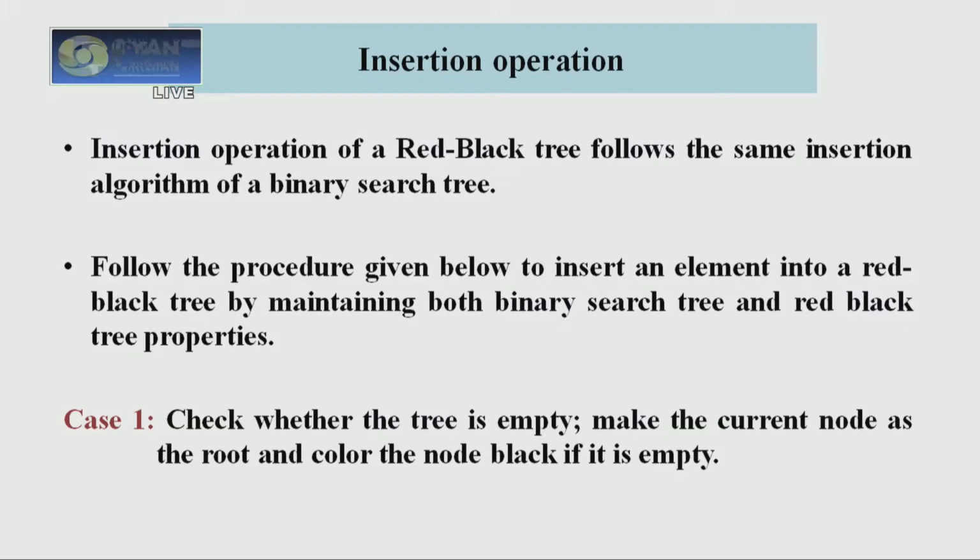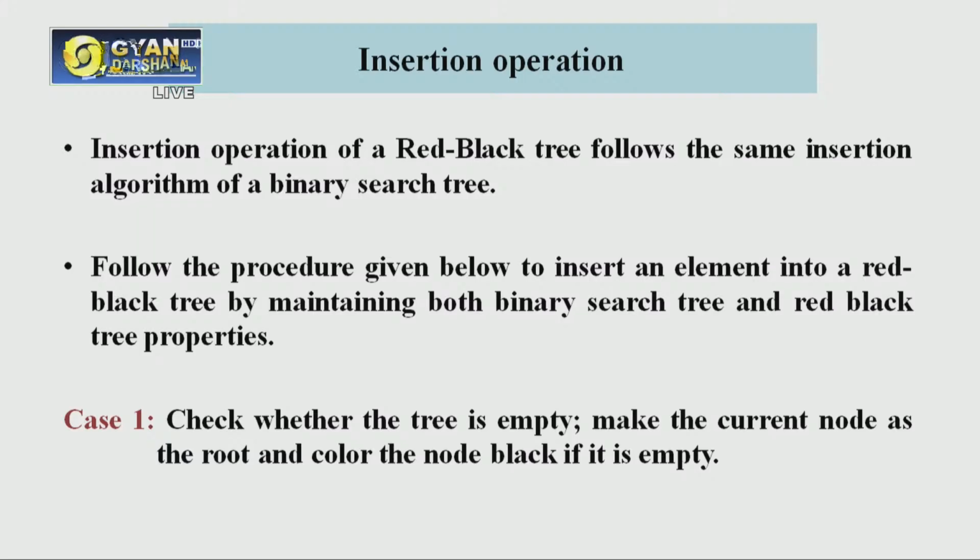The first case is to check whether the tree is empty. Obviously, when we insert the first node, the tree will be empty. So we insert the first node. If it is empty, make the current node the root node and color the node black, because we know that in a red black tree the root is always black.